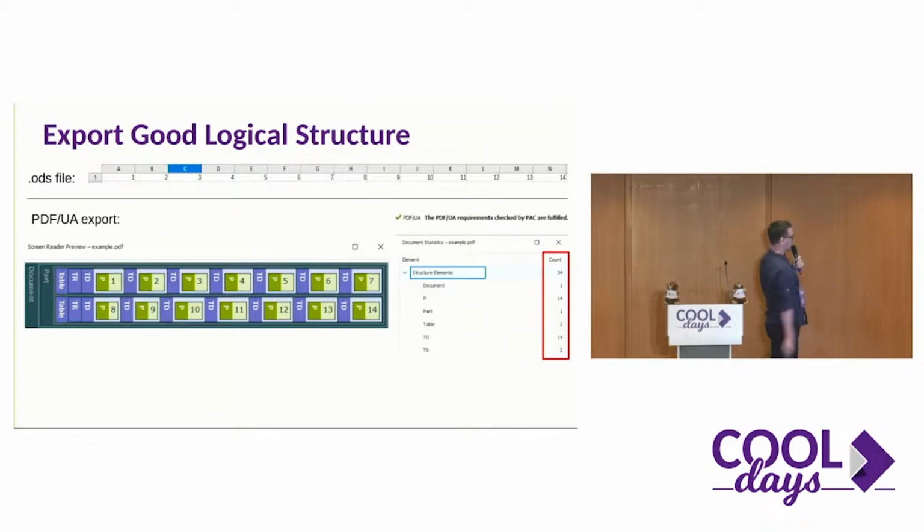Now it contains the document root structure element, the document, then the part element, and there are 2 table structure elements because, maybe it's not visible, but the print area border is between the columns G and H, and therefore there are 2 table elements.